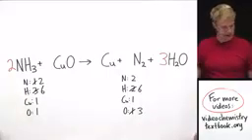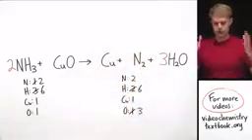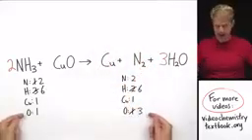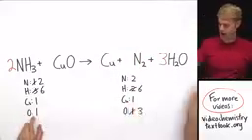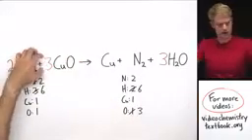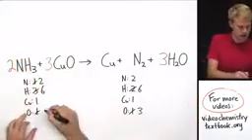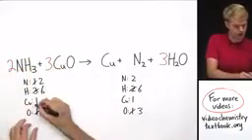The next thing that I can do, leaving copper and nitrogen for later, is balance the oxygens. Okay, I have 3 on this side, I have 1 on this side. My oxygen is there, so I'm going to multiply this by 3. So I'm going to do 3 times 1, get 3 oxygens. But I'm also going to get 3 times 1 for copper.